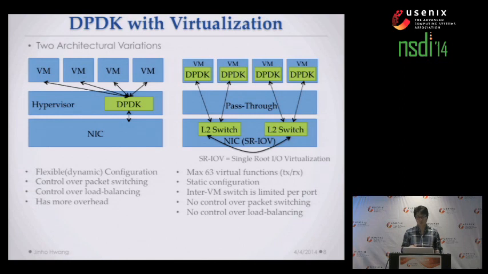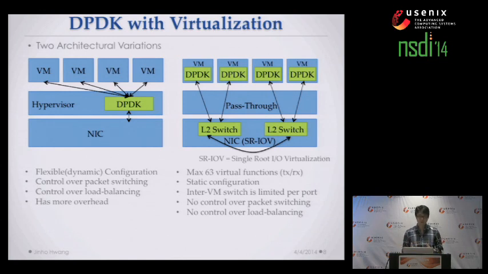Also, if VMs share different switches, the packet comes into one switch and goes to one virtual machine. Then if this virtual machine wants to forward the packet to another virtual machine which uses another port, the packet has to go out of the machine and come back, then be forwarded to the other virtual machine. So inter-VM packet delivery is not so efficient. Like I said, there's no control over packet switching and load balancing either.